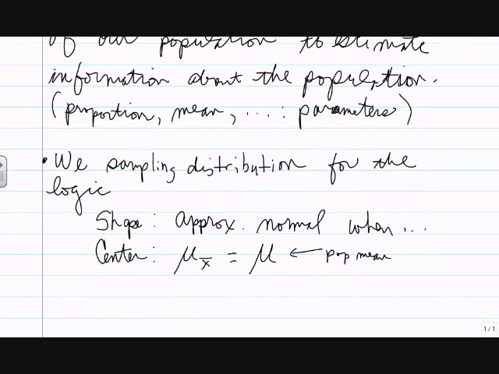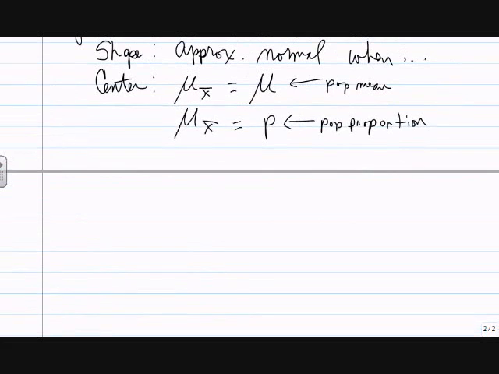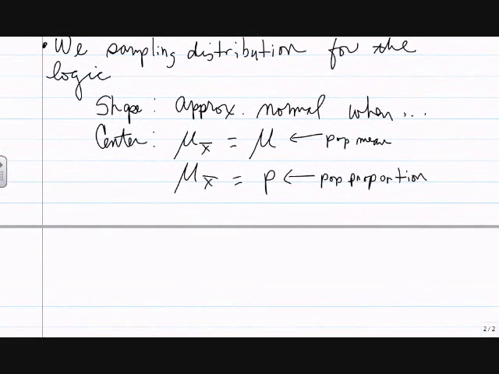Or if we're dealing with a proportion, the mean of the sampling distribution is the population proportion. Okay? And then, of course, we can describe the spread.